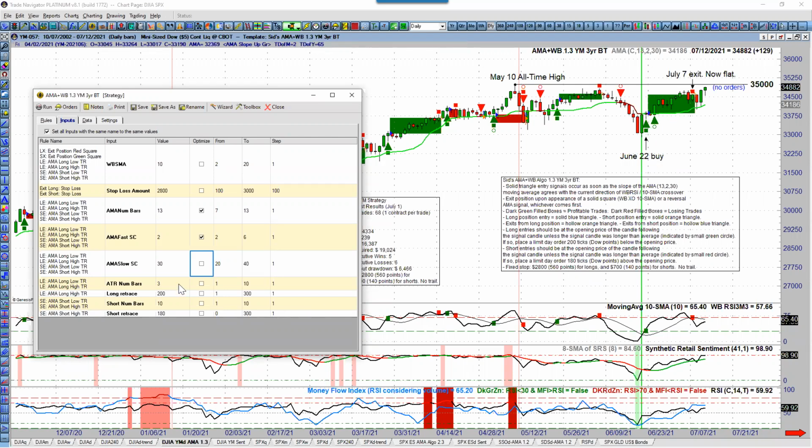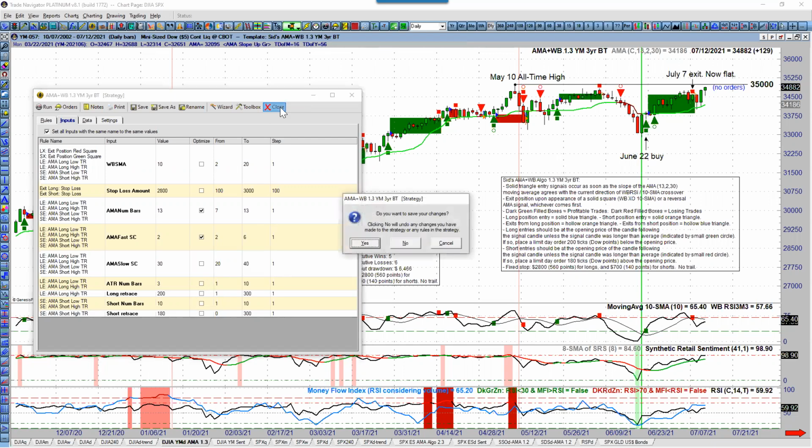And we actually backtest, and the algo is smart enough now, at least on many of the 20 items we send out, to determine whether or not the signal candle was longer than normal or not, and if it was, how big of a retrace to look for before getting in. And so that's what this business is down here.